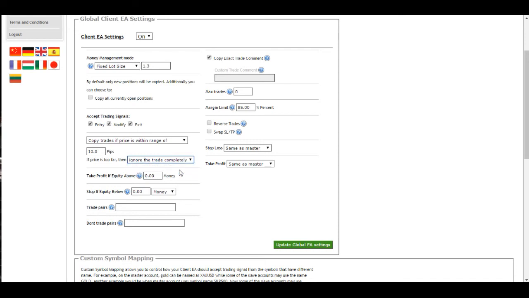Or you can just decide to completely ignore the trade. I didn't get within 10 pips, so I'm not even going to take it. All right, and that's completely up to you. I know people that are doing both, and they're both making money.